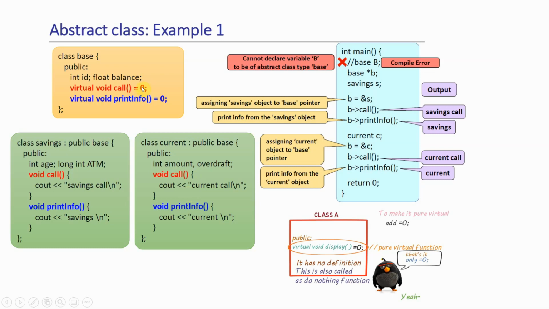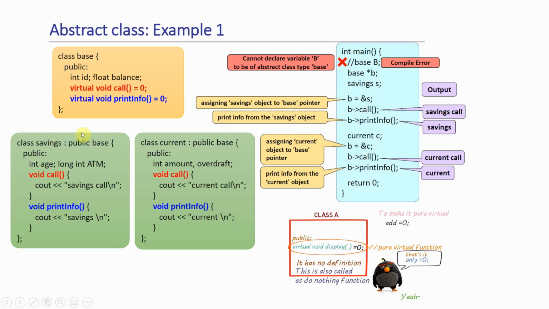Because this one has no definition. So every pure virtual function has to be redefined, overridden, in the derived classes. So you can see that here call has been overridden. The same thing here, print info.